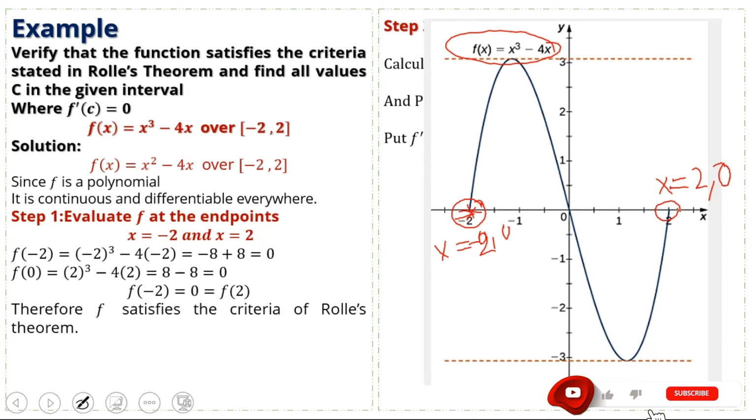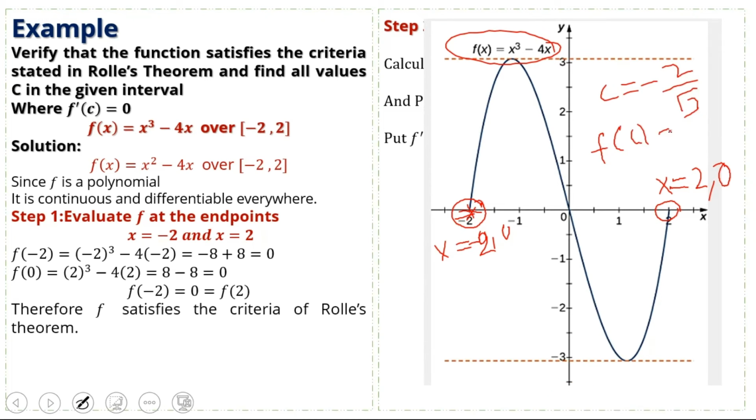Now when c is equal to minus 2 divided by root 3, the value of the function at this c is 3.08, and this is the point. At this point the derivative of this function at c is equal to 0.